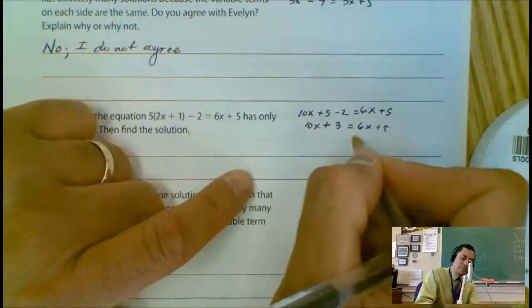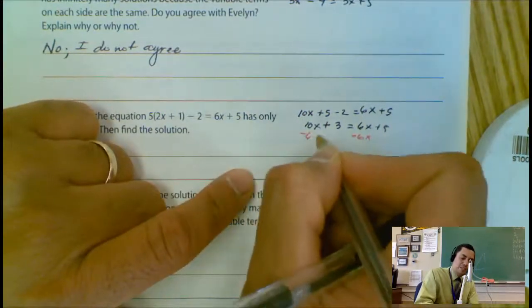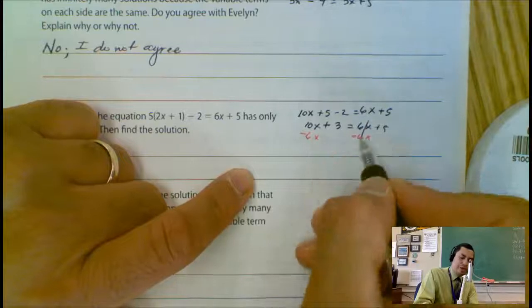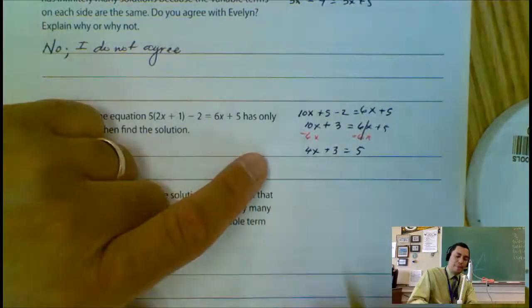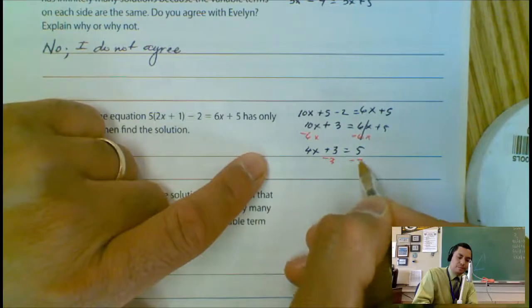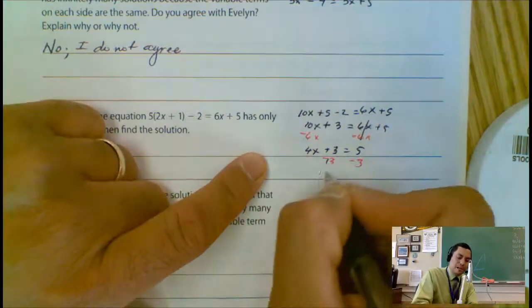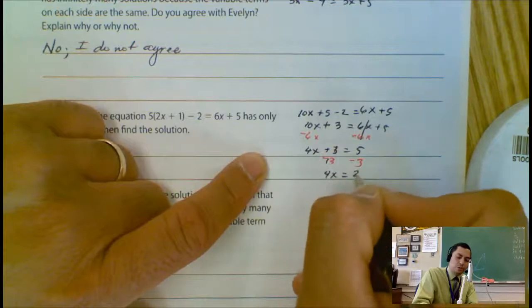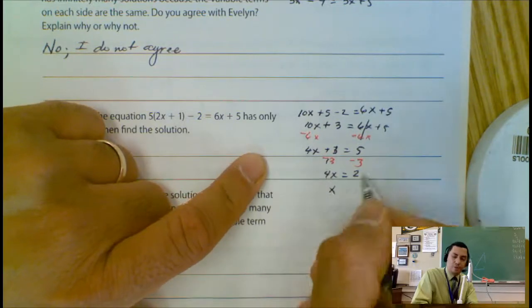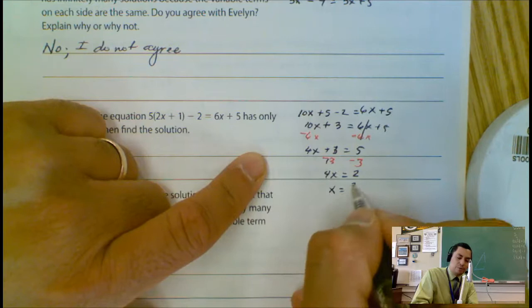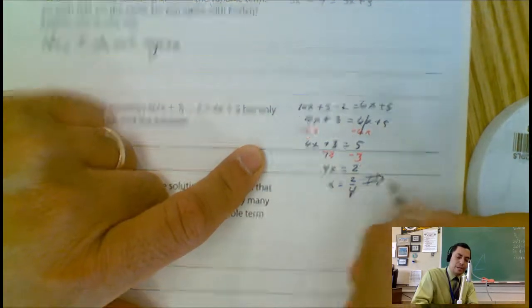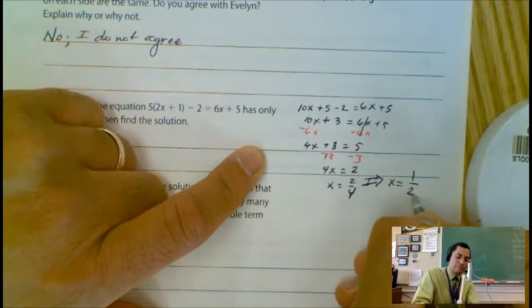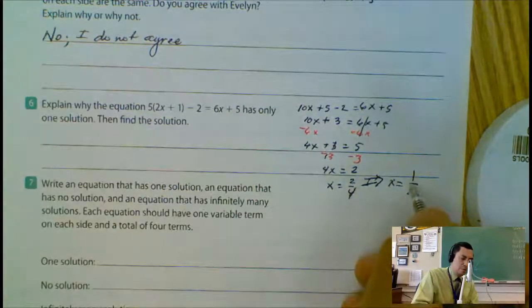I'm going to subtract 6x from both sides. So 4x plus 3 equals 5. Then minus 3. So I have 4x equals 2. We divide by 4, so x equals 2 over 4, and if we simplify, x equals 1/2. So that's the solution, 1/2.